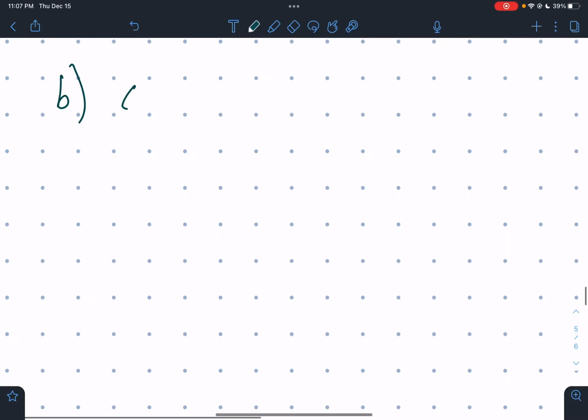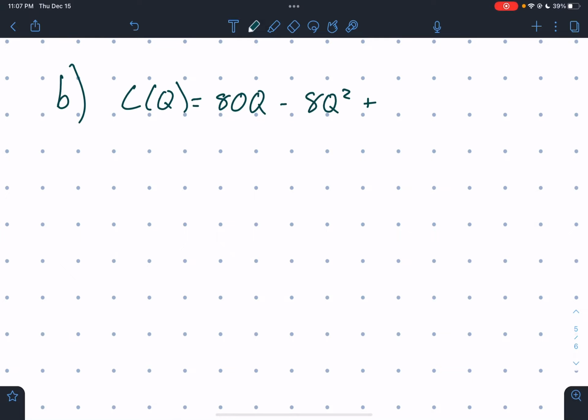We have C of Q is going to be 80Q minus 8Q squared plus 1/3 Q cubed. Okay, so what we're going to do here is we're going to find the equilibrium in the case of free entry.